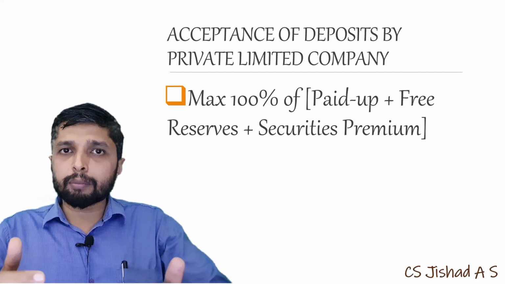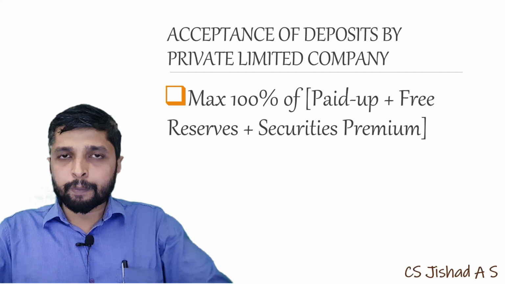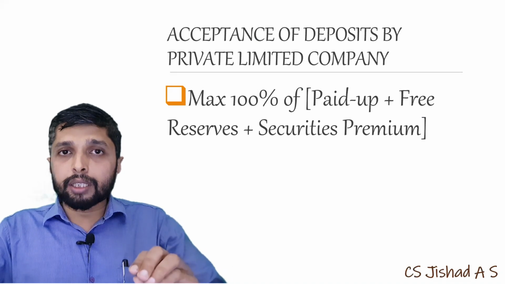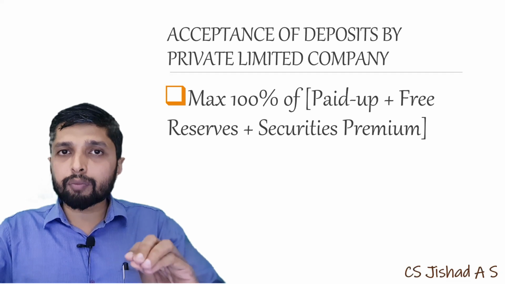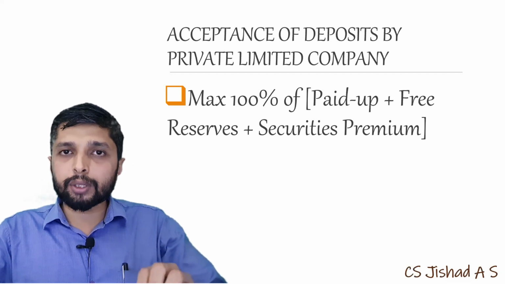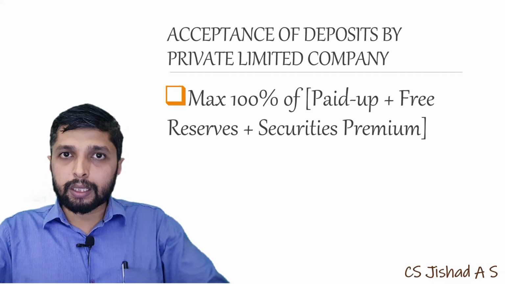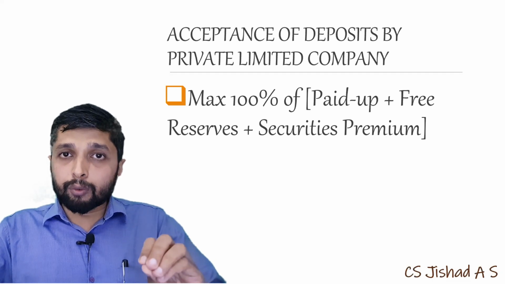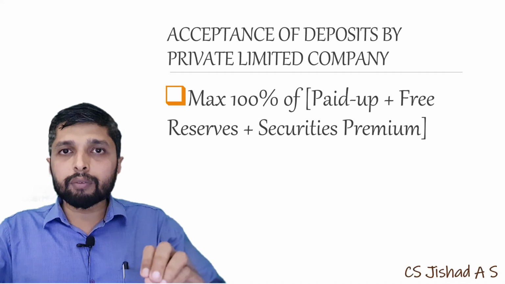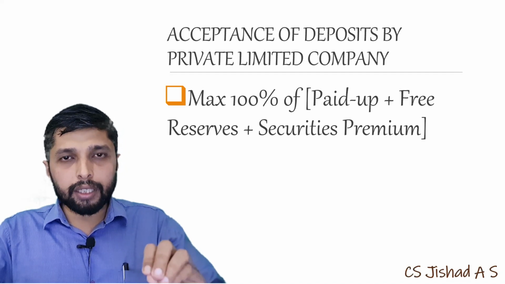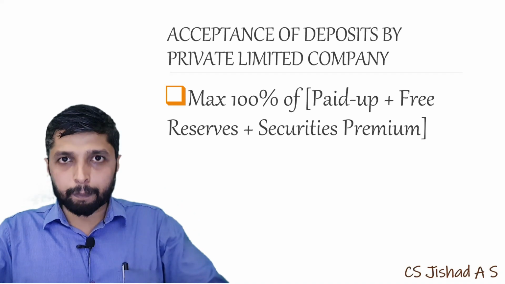They can accept up to 25%. Okay. So a private company can accept maximum of 100% of paid up capital, free reserves and security premium from their members. Okay. If you want to accept deposit from the public, there is only one company which can accept deposit from the public, that is eligible public company.